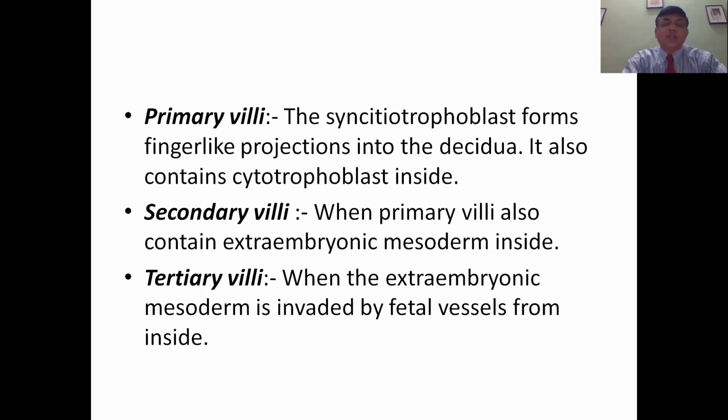It also contains cytotrophoblast inside. That is the primary villus.